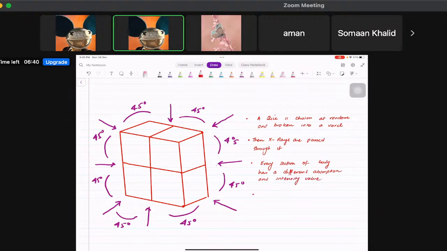So okay, let's write this number on each voxel is the pixel intensity that needs to be reproduced.